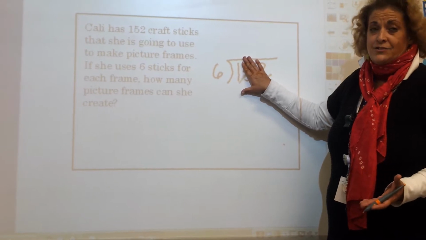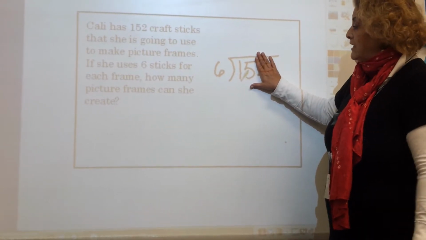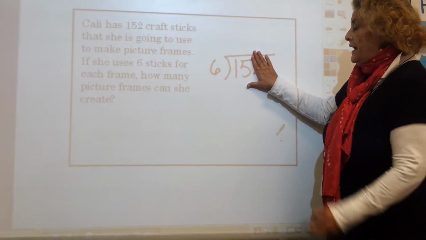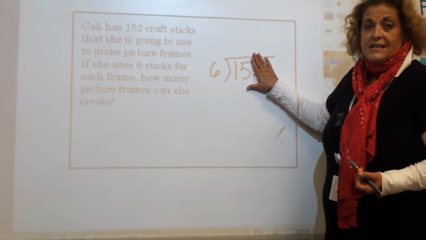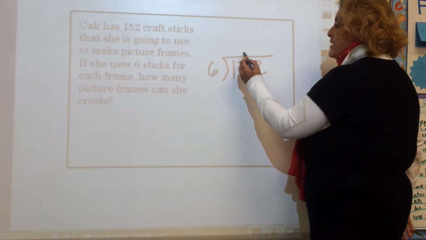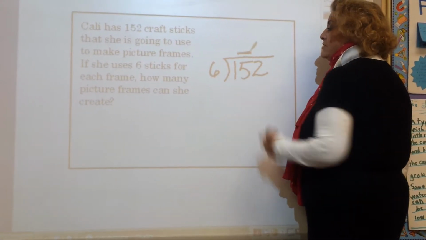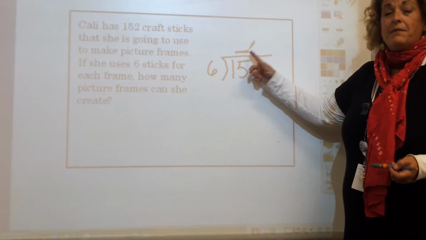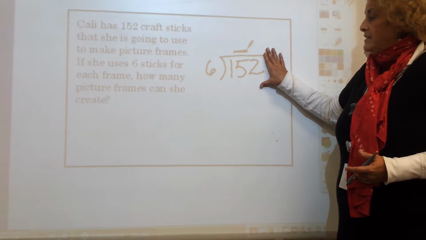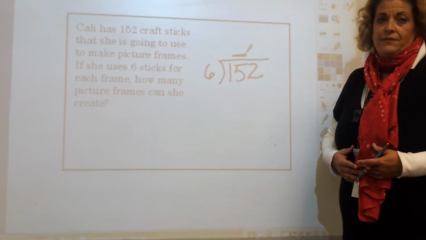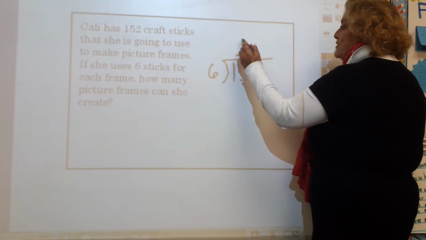Well, we all know the answer to that is no. So I'm going to look at the first 2 digits in the division bracket, and I ask myself, can I make a group of 6 out of 15? The answer is yes. So I know that my answer is going to start above the 5 digit in my division bracket. How many groups of 6 can I make out of 15? The answer is 2.